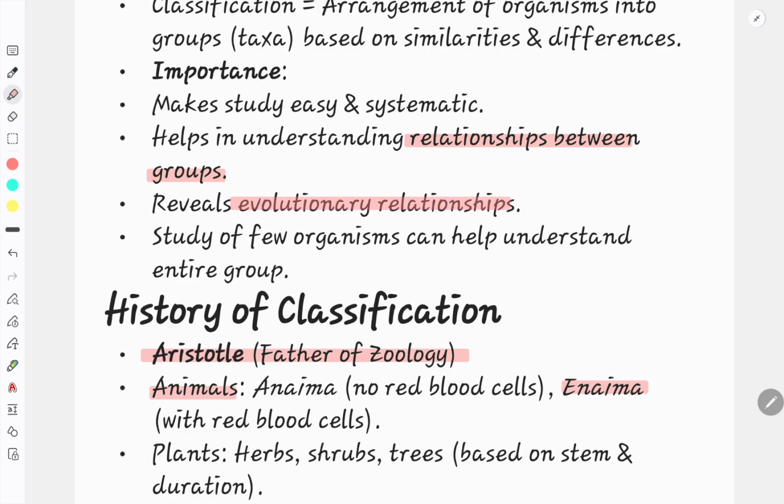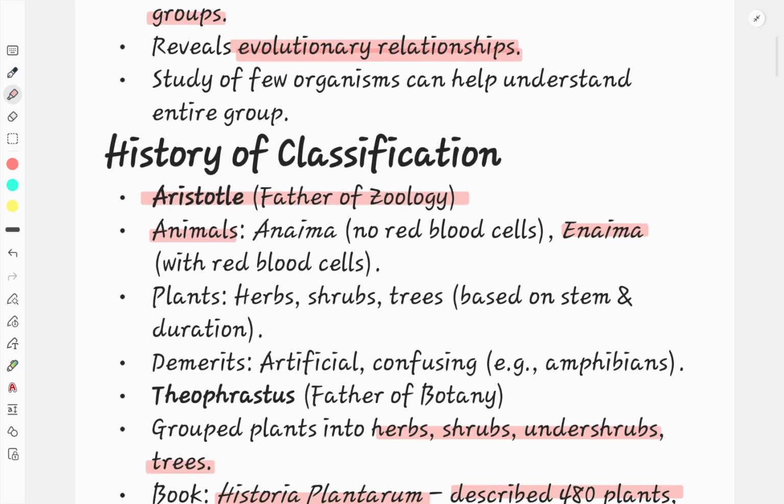It reveals the evolutionary history. What do we mean by that? What we mean is, when it comes to evolution, how a multicellular organism developed from a single cell, and when we reverse-study that, how these organisms were generated from previously existing organisms and how they were converted into certain specific modifications.